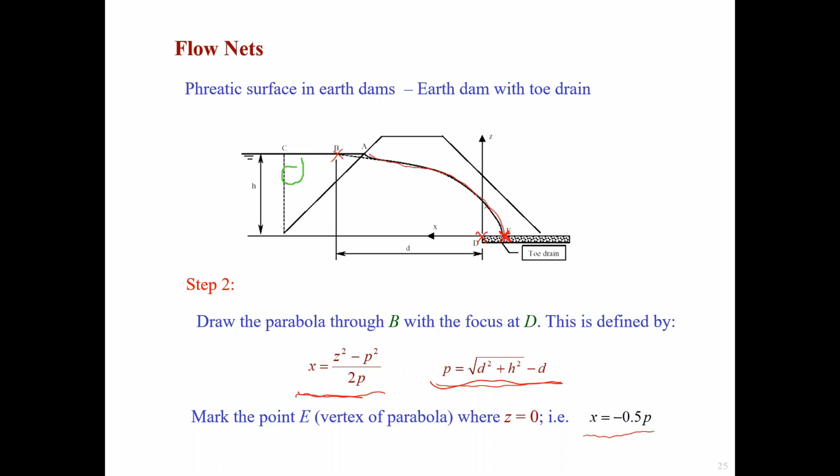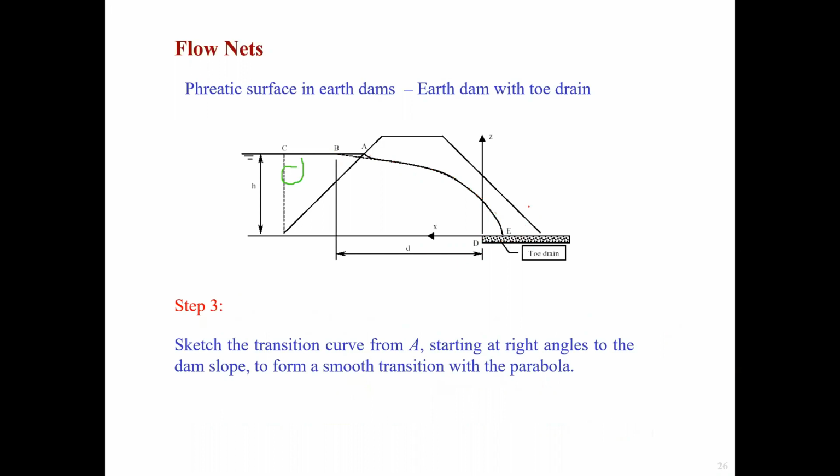So finally, we are able to sketch the transition curve from A. At A, we start at right angle to the slope. Right angle means perpendicular to the slope. And we also know the point E already.